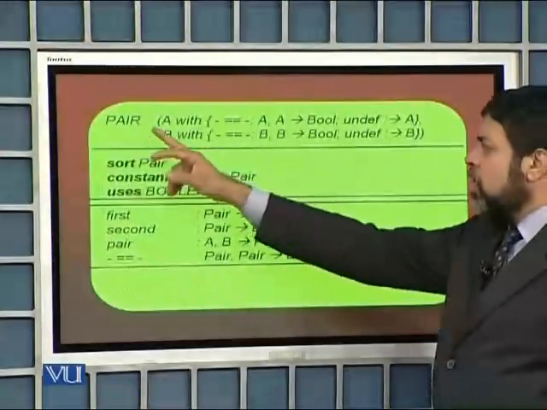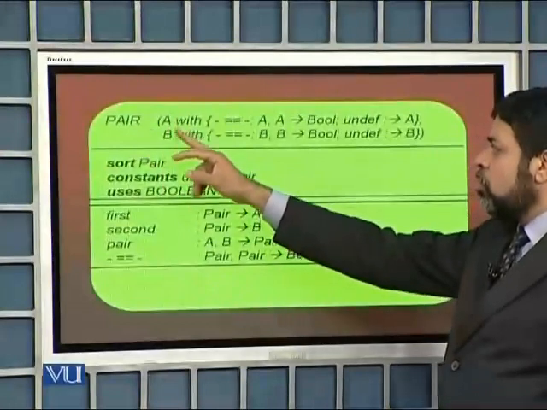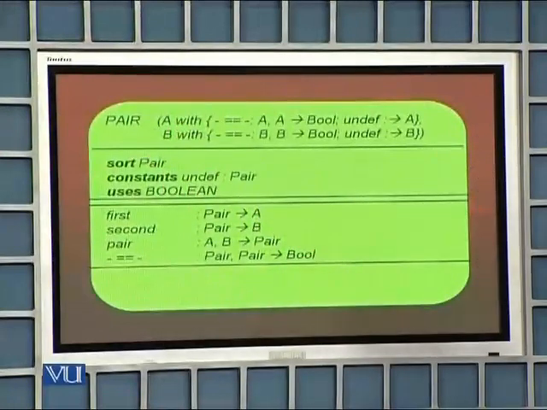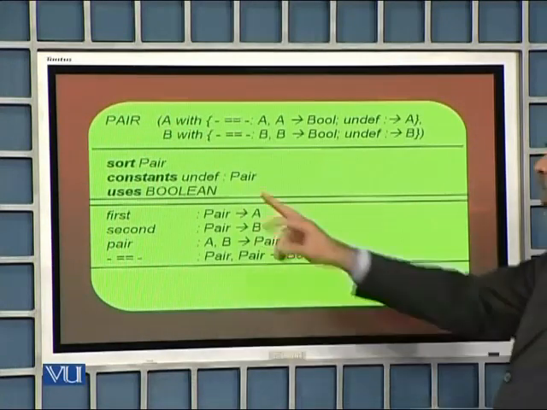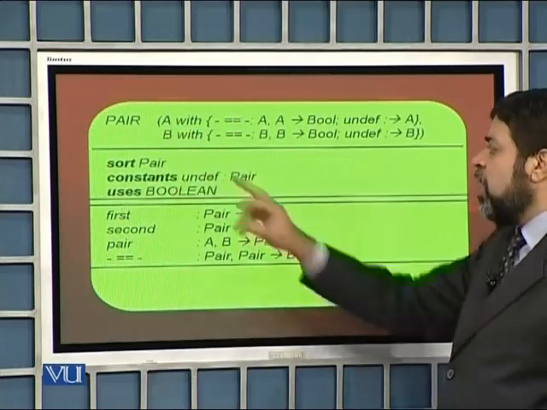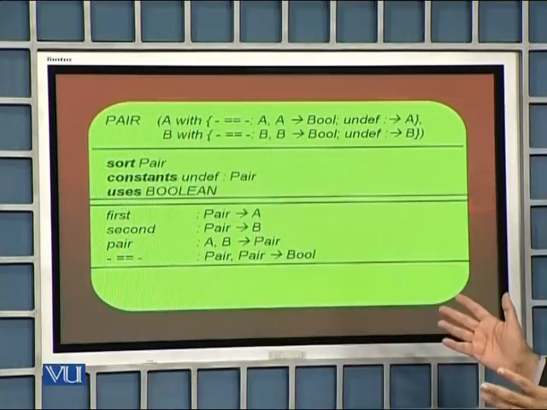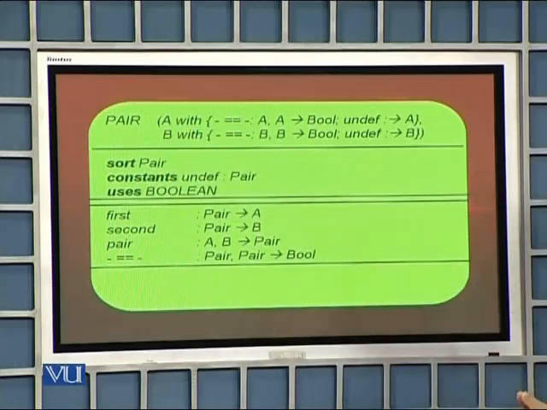A pair takes two arguments. So this specification is parameterized. We have A and B. The type of A and B is not defined. Once again, it is generic type.